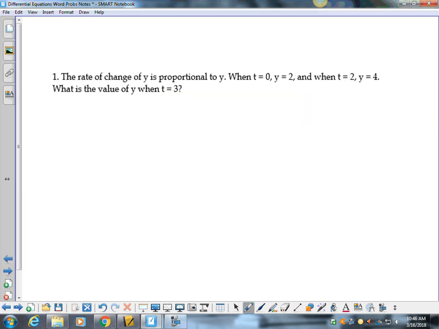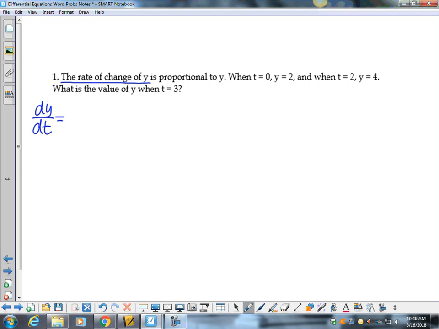Okay, here we go. The rate of change of y is proportional to y. Stop right there. The rate of change of y. How would you write that? dy/dt. The rate of change of y is, what does is mean?